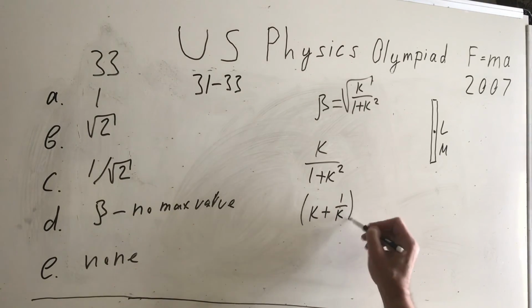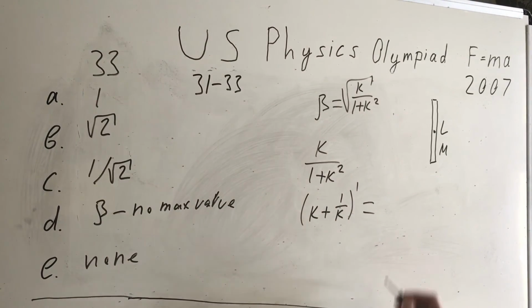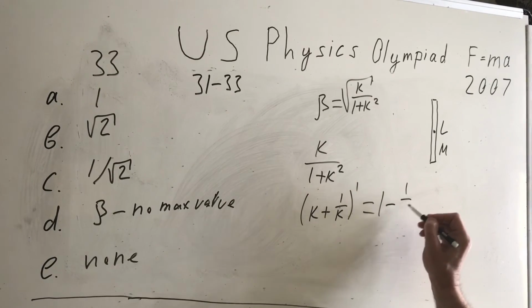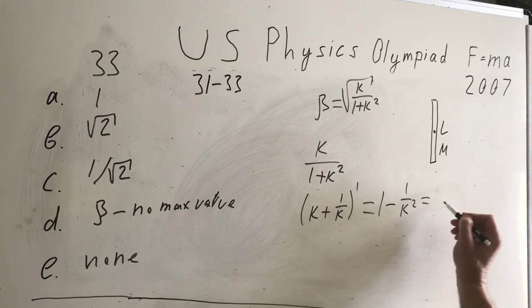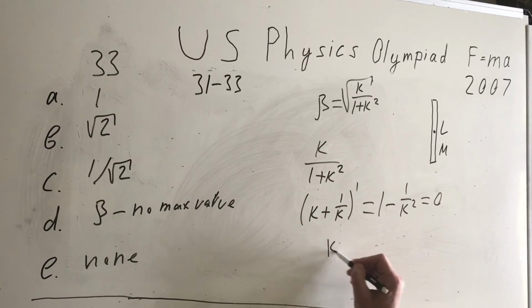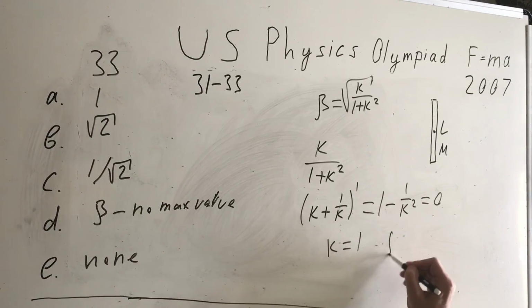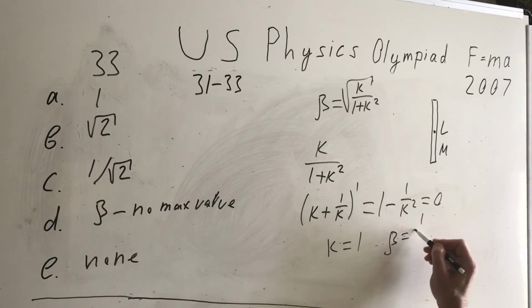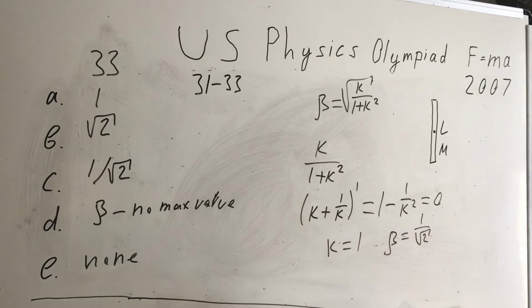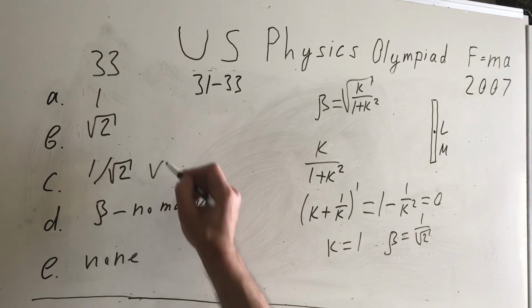We need to take the first derivative, that's 1 minus 1 over k square, and set it equal to 0, which gives k equal to 1 and beta equal to 1 over root 2, which is C, the correct answer.